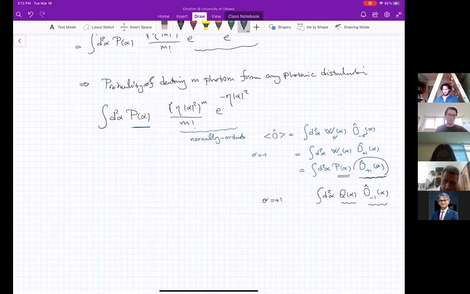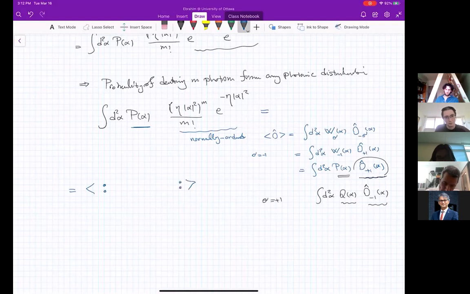So can you tell me what this operator is now? This is an expectation value of an operator, right? Can you make a guess what this operator is? Don't get stressed. It definitely should be normal order, right? Do you remember the definition of normal order?